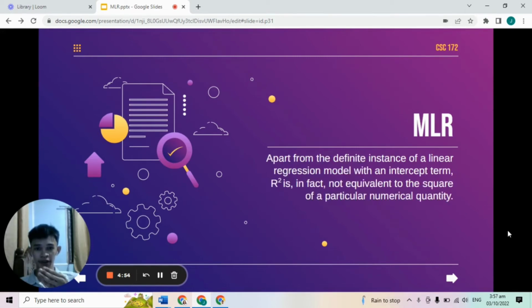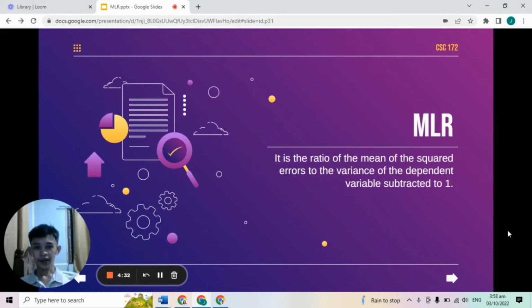Apart from the specific instance of a linear regression model with an intercept term, R squared is in fact not equivalent to the square of a particular numerical quantity, which undermines the inference stated above. It is the ratio of the mean of the squared errors to the variance of the dependent variable, subtracted from 1.